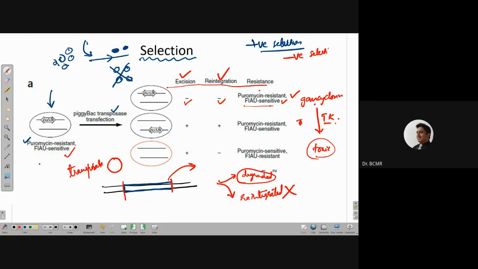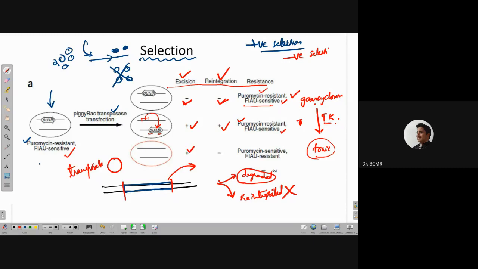That means if excision did not happen and integration did not happen, they would be puromycin resistant as well as FIAU sensitive. If excision happened and also reintegration happened, that means it got cut out of here and got integrated somewhere else, those cells are also puromycin resistant and FIAU sensitive, because they have the puromycin gene as well as the thymidine kinase gene.